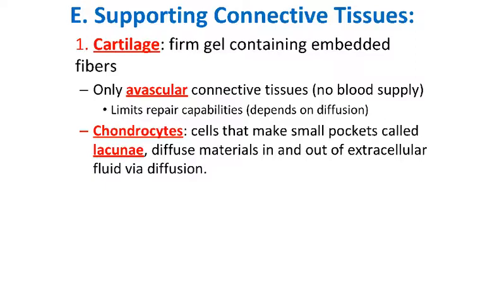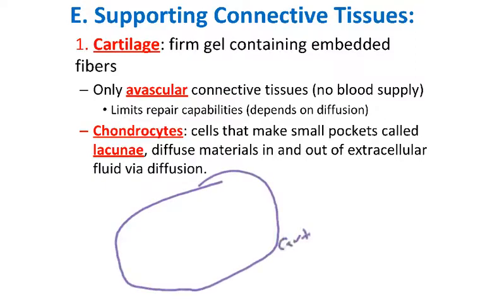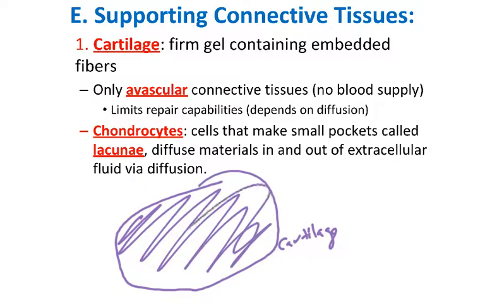So imagine this is my cartilage background. The lacunae will be the little pocket that manages to form within the cartilage. And then the chondrocyte cell is going to be capable of growing inside the lacunae.